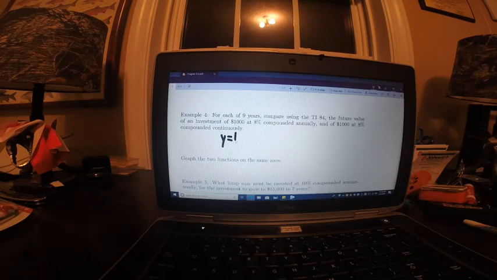the amount that I'm investing is $1,000. 8% compounded annually, 1.08 raised to the x. If I'm compounding continuously, I need to use the PERT equation.